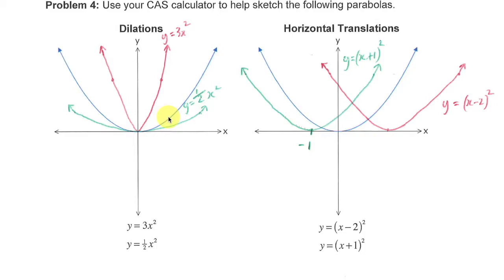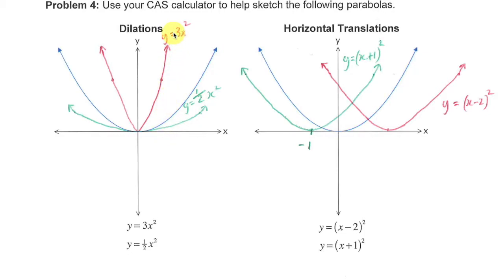In a similar way, I have the position (1, 1) on the standard graph. The transformation that takes place to become the green graph, y equals a half x squared, is that every y value has been multiplied by a half. So the point (1, 1) now becomes (1, a half).